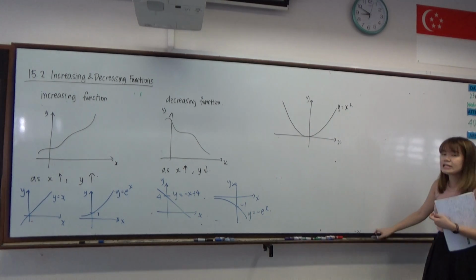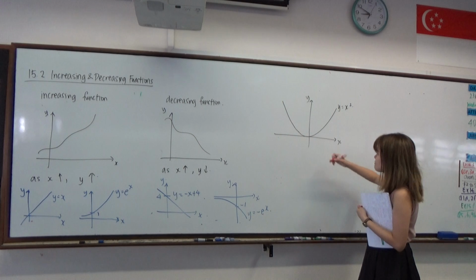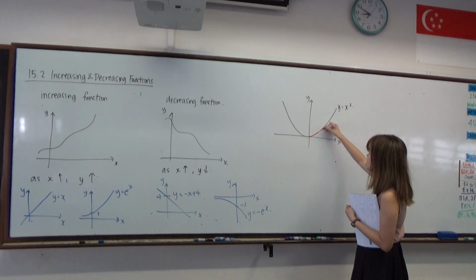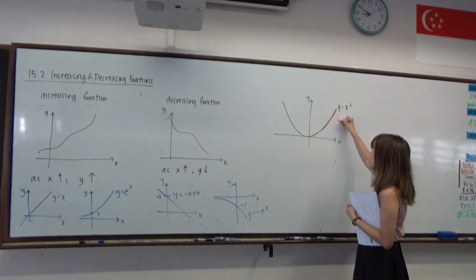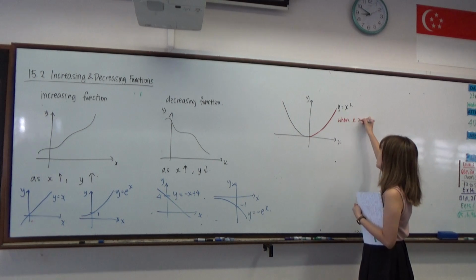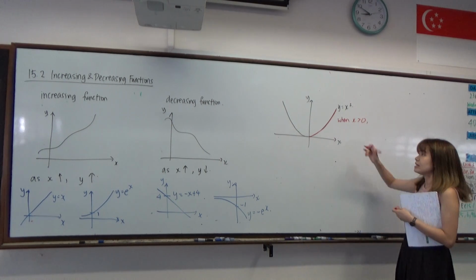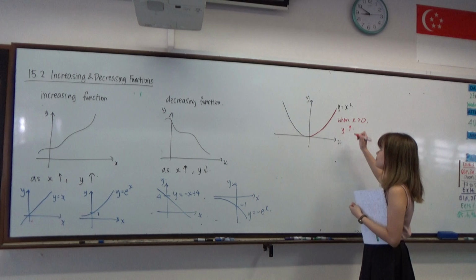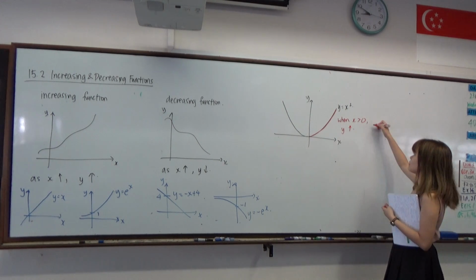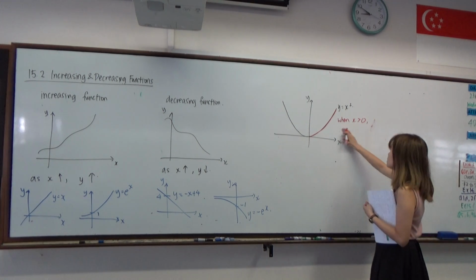It is only for a specific segment, this part over here, when x is more than 0, that we find y is actually increasing. So this part over here is what we see as an increasing function.